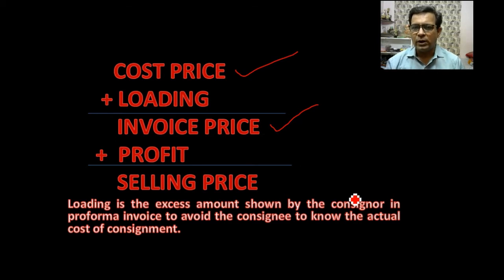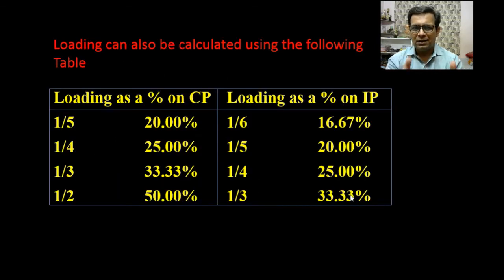Let's have a look at the first approach. This is called a ready-made conversion table. If loading is given to us as a percentage on cost price, this becomes the percentage on invoice price. You can also do it the other way around.